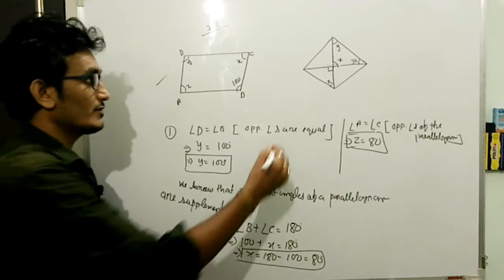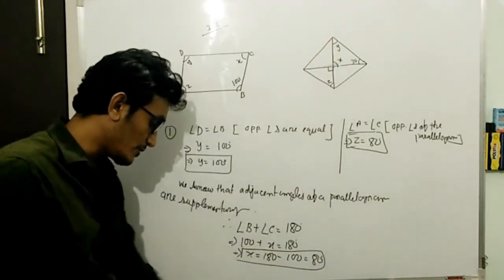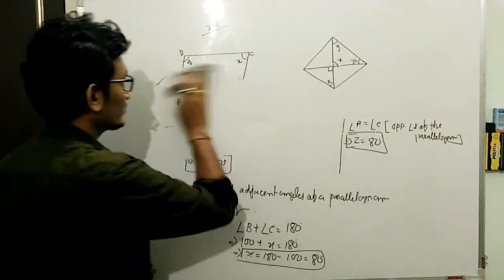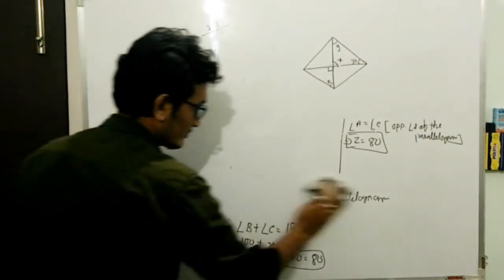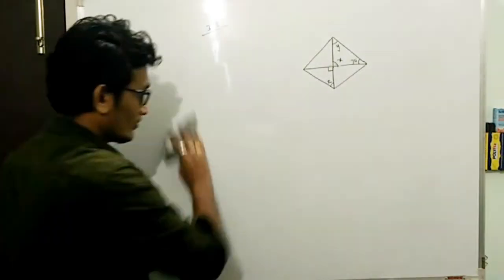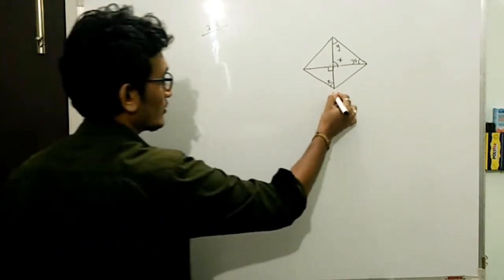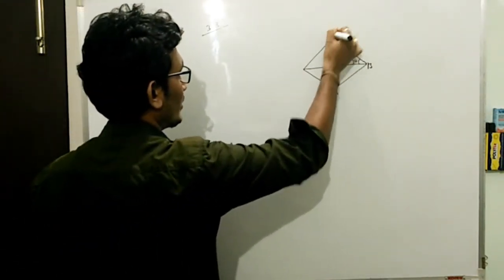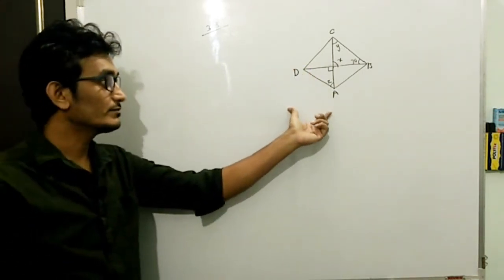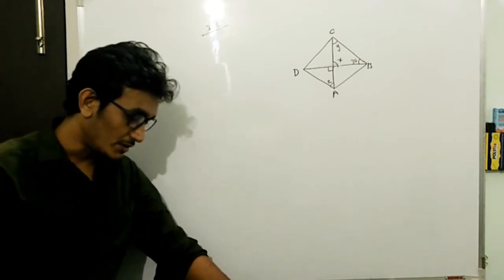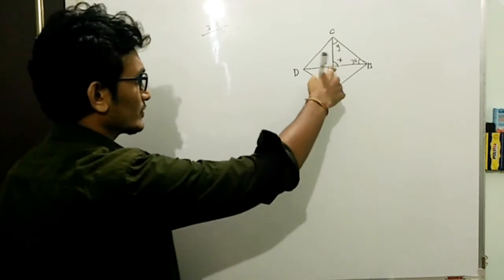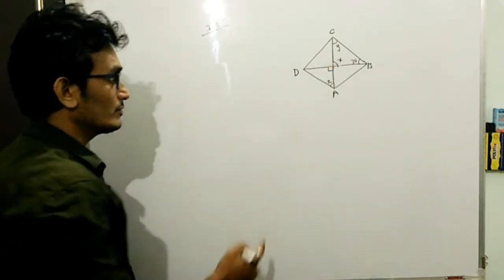Now let's move to the next diagram. Here also we have to find the value of X, Y, Z. In this given figure, first of all, let us name it ABCD. ABCD is a parallelogram, and here we are not using the property of the opposite angle.